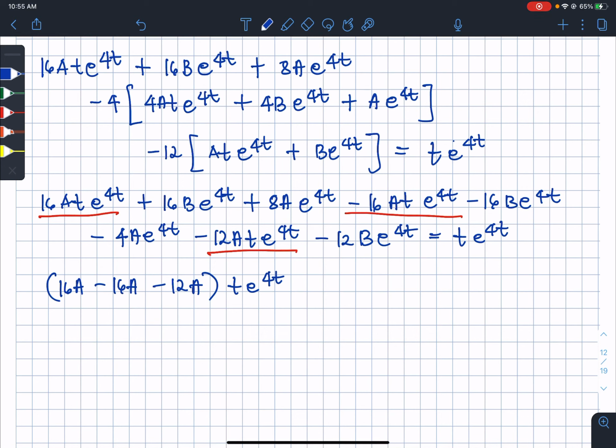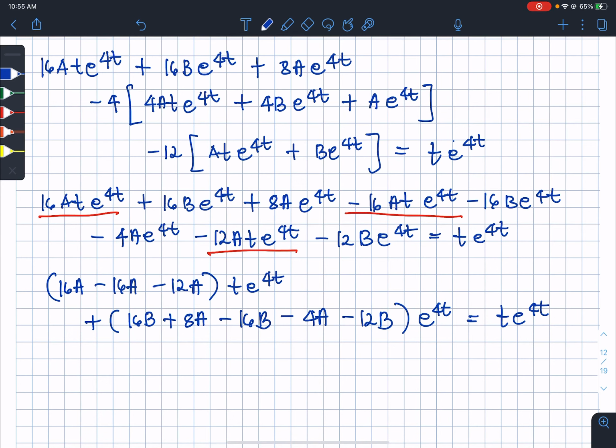And then plus 16b plus 8a minus 16b minus 4a minus 12b. So everything is multiplied with e raised to 4t, so equals t e raised to 4t.